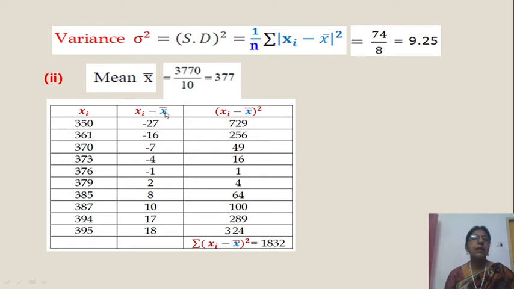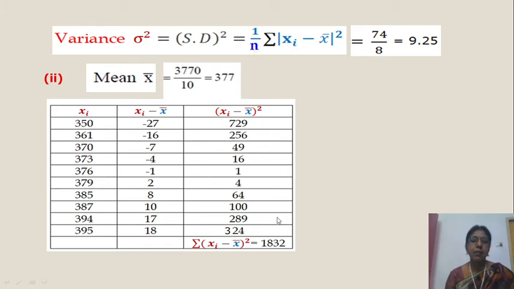Then let square of this column and square of these numbers, you get this one. After finding squares of these numbers, write sigma xi minus x bar whole square. Sum of these values is equal to 1832. Now what is the formula? Variance sigma square is sigma xi minus x bar whole square by n.